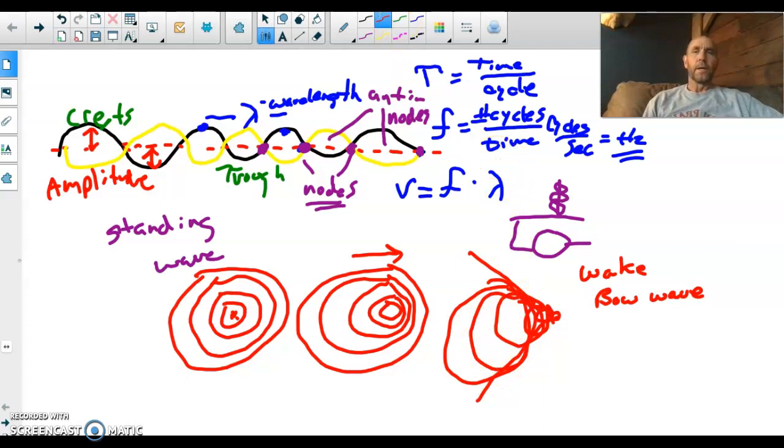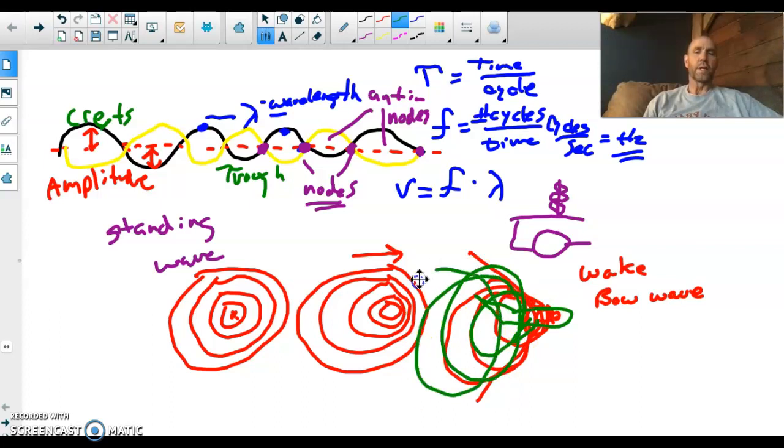If that was not a bug but an airplane, then this is a three-dimensional cone that's trailing behind, and we call that a shock wave, or better known as a sonic boom.